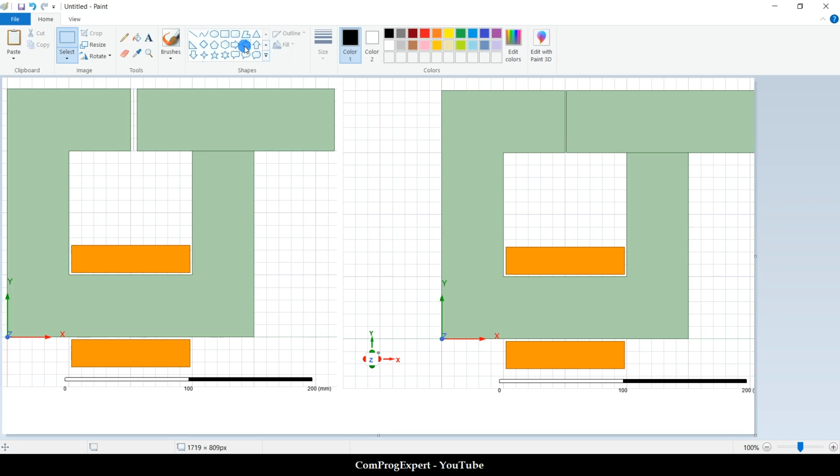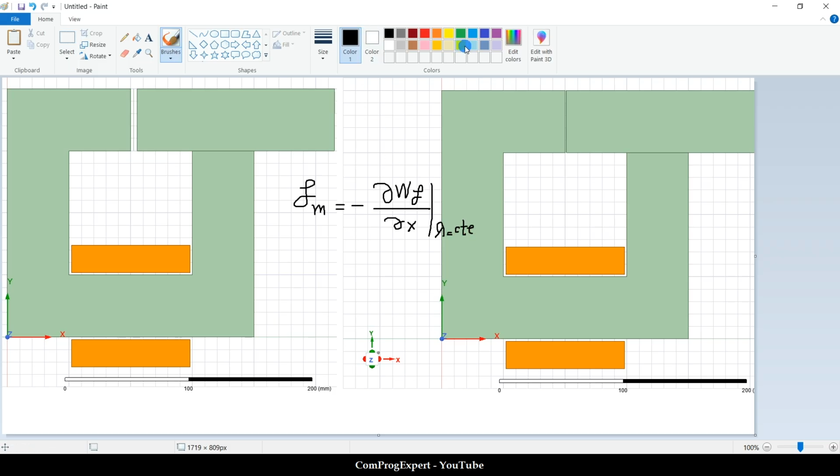So let's use the energy method for calculation of the force. You know that using the energy method, the force is equal to negative of the partial derivative of the energy with respect to x when the flux linkage is constant. The flux linkage is constant.